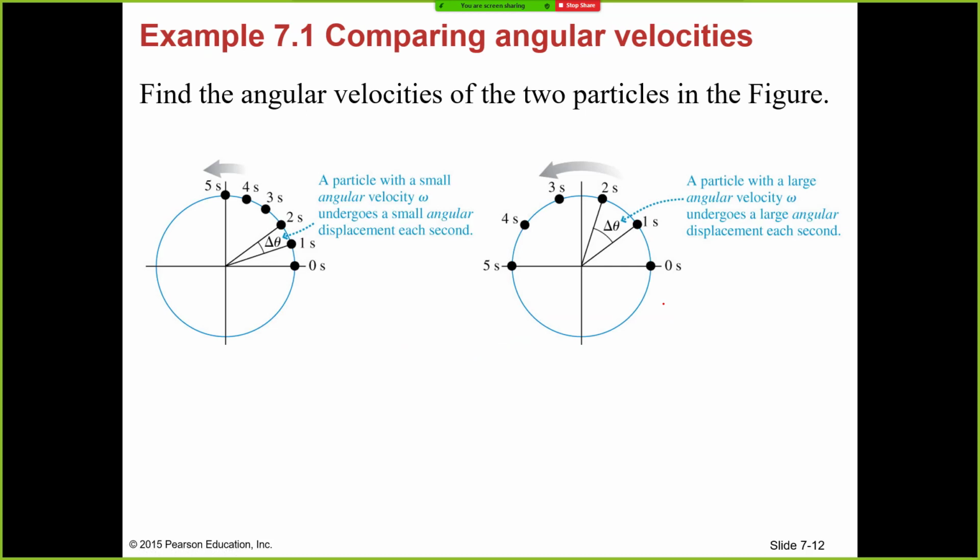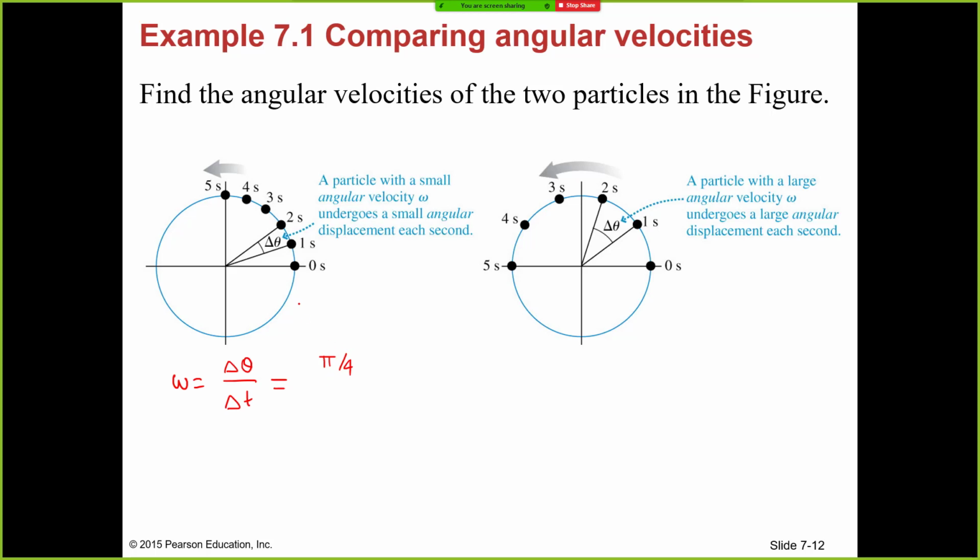So I just showed you this previously. So to find the angular velocities, angular velocity is delta theta over delta t, how much angle it covers in given time. So angle covered here is pi over 4. Is that pi over 4? No, not pi over 4.